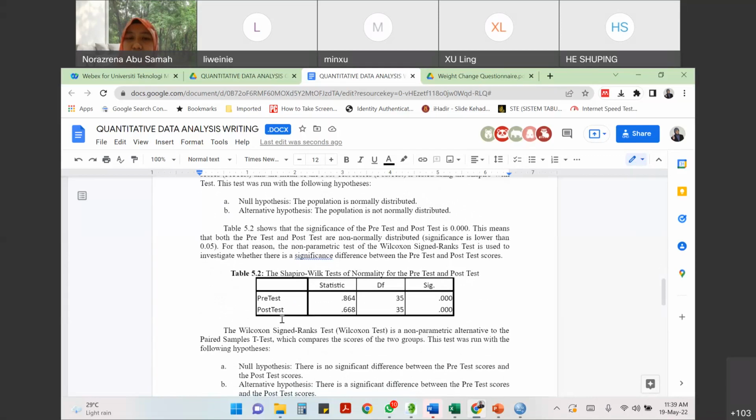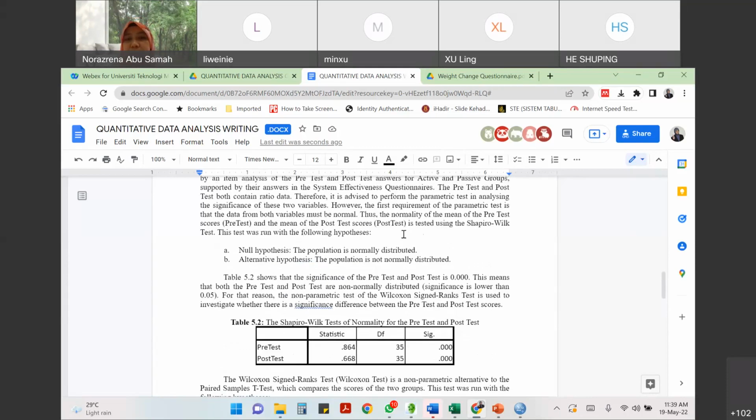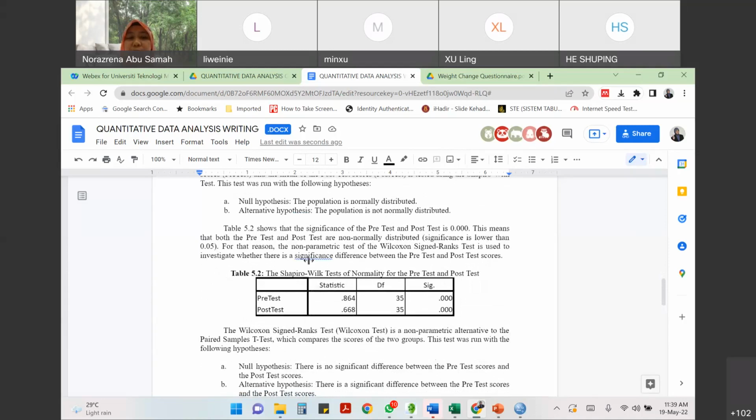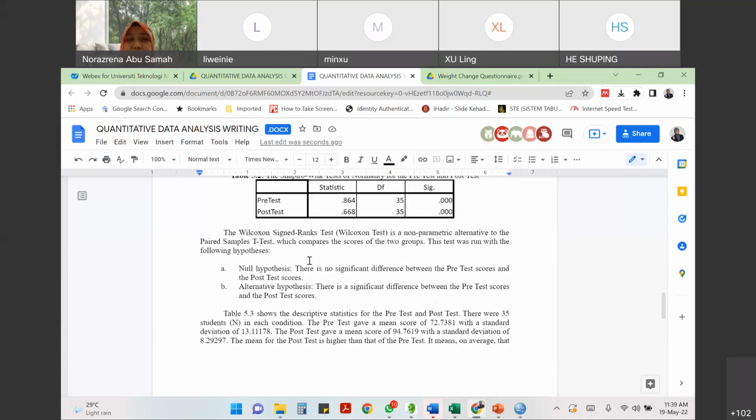Okay, you mean that you just want to run the test without any hypothesis written, is it? Yes. Okay, so it's possible also, but this one is good for you to have hypothesis. But if you don't want to put hypothesis, still you can do that. But you must make sure that you make conclusion correctly.